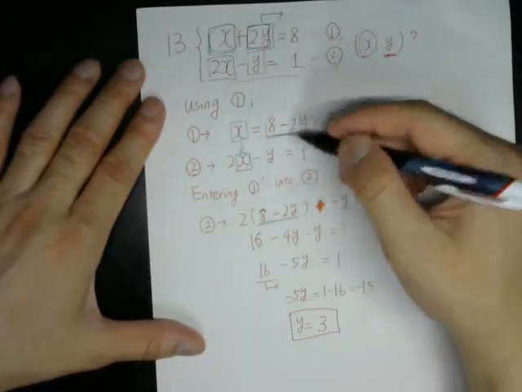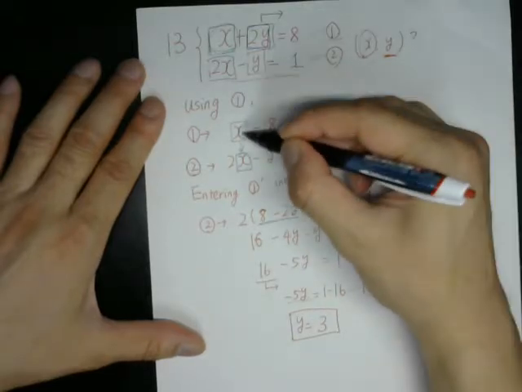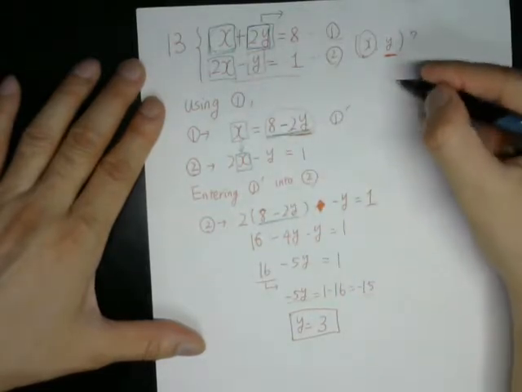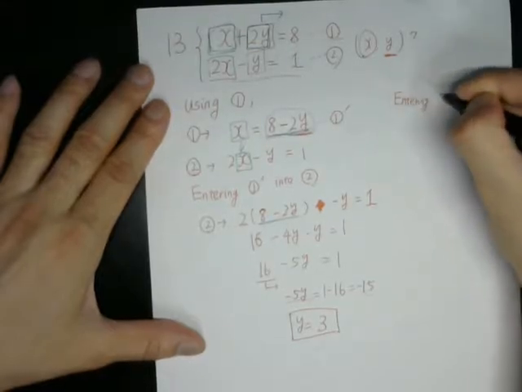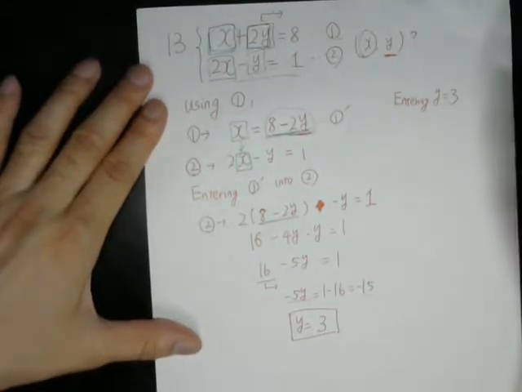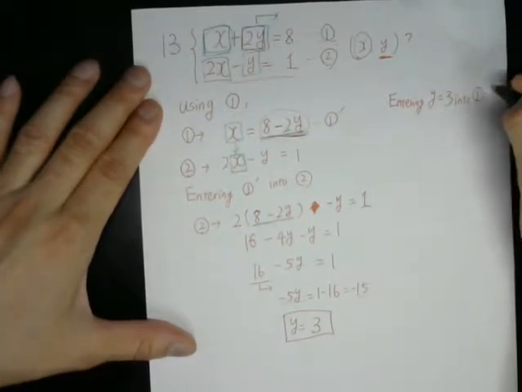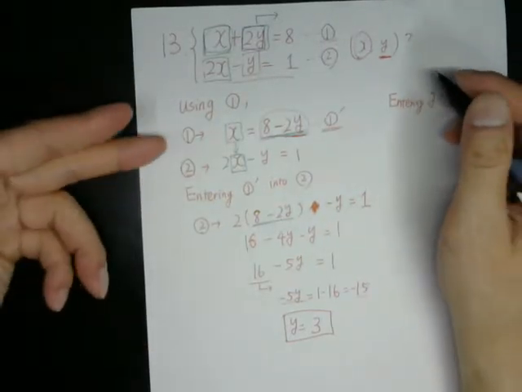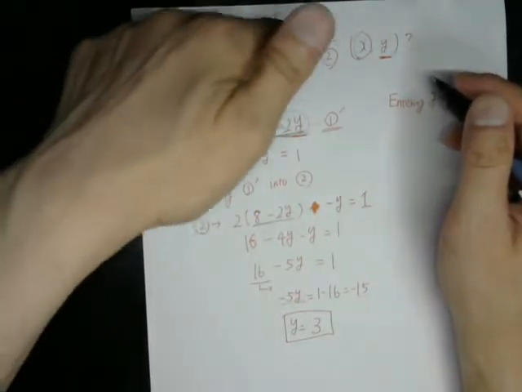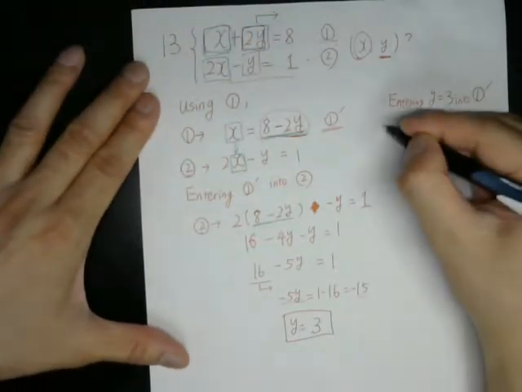So we can just plug in this y equals 3 here to find x. Entering y equals 3 into 1 prime. 1 prime is just an equation transformed from the original equation 1. Okay, it's the same thing.